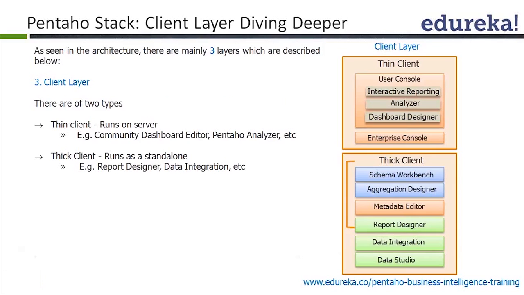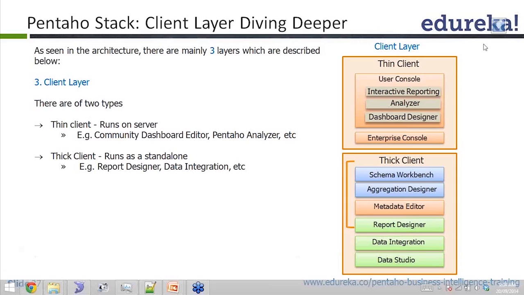So let's move to the last layer, which is the client layer. This is the main layer which we'll be working on, studying in this whole course. There are two types of clients: thin clients and thick clients. Thin clients are the clients which run on the server. For example, Saiku, which is a server component.